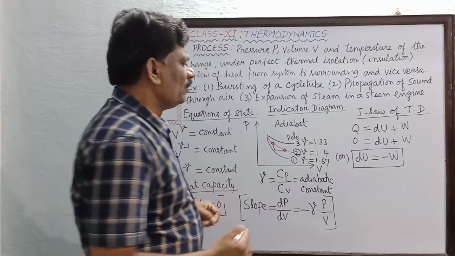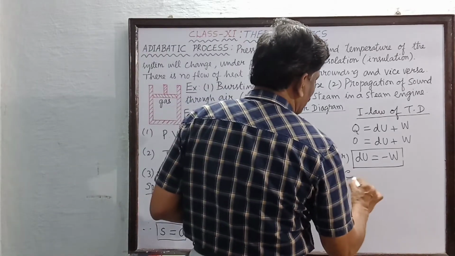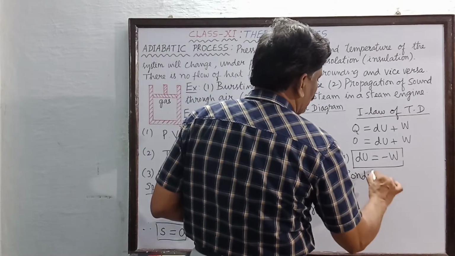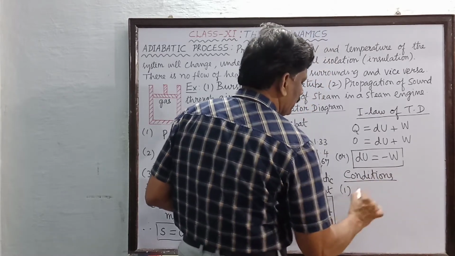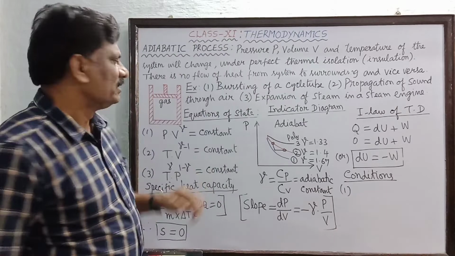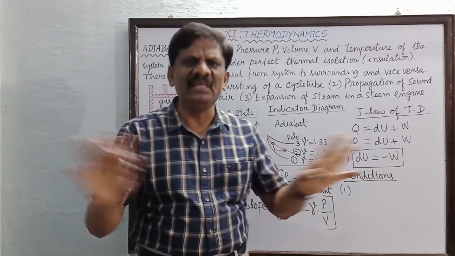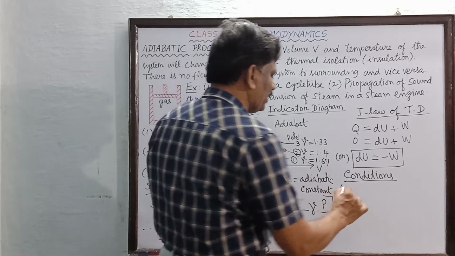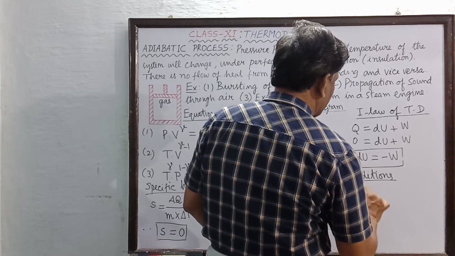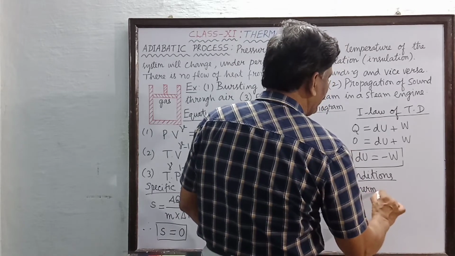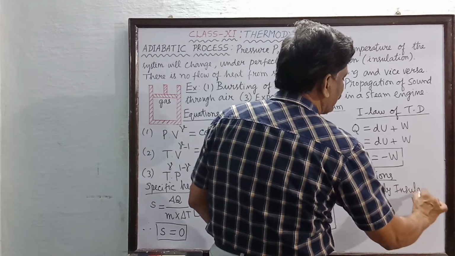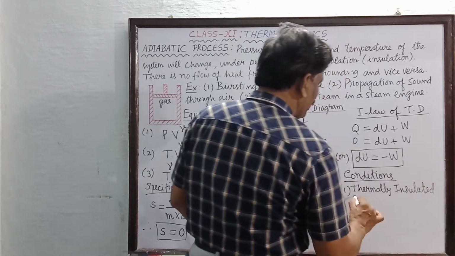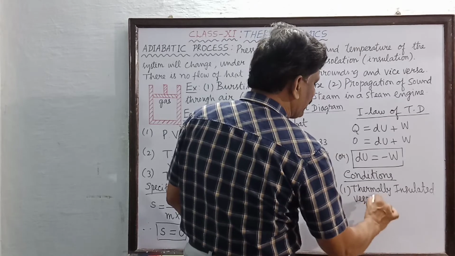Now there are two conditions. What are the two conditions required for an adiabatic process? Condition number 1 is the container should be fully insulated, a thermally insulated container, or thermally insulated vessel.